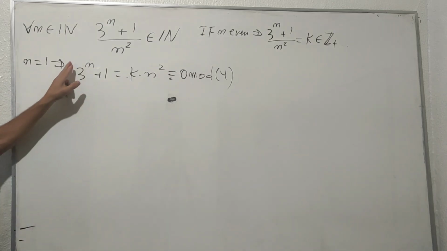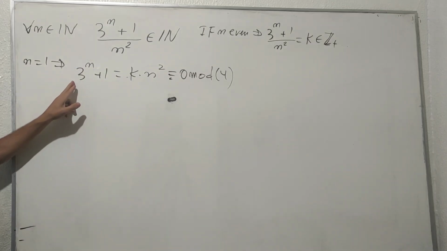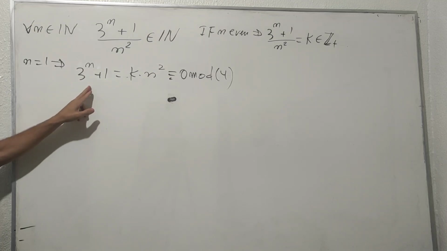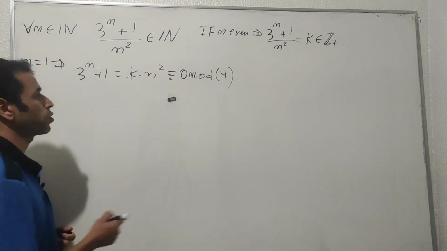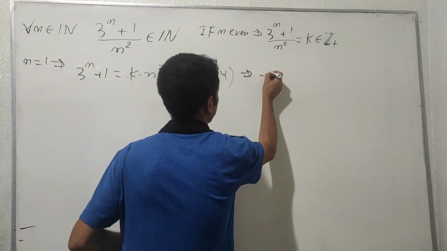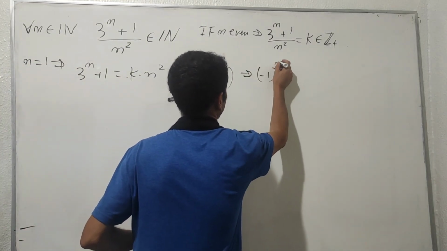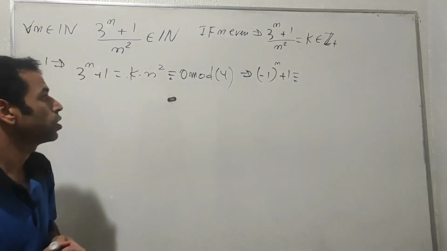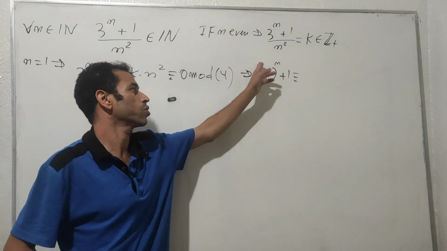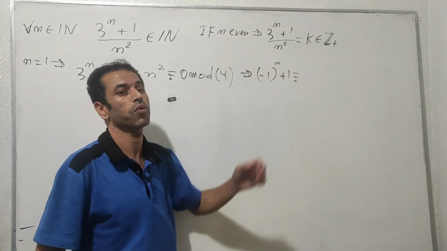So let's write 3 as 4 minus 1. 4 is 0 mod 4 because 4 divides 4. So we get minus 1 to the n, plus 1. As you know, if n is even, this becomes 1 plus 1, which is 2.